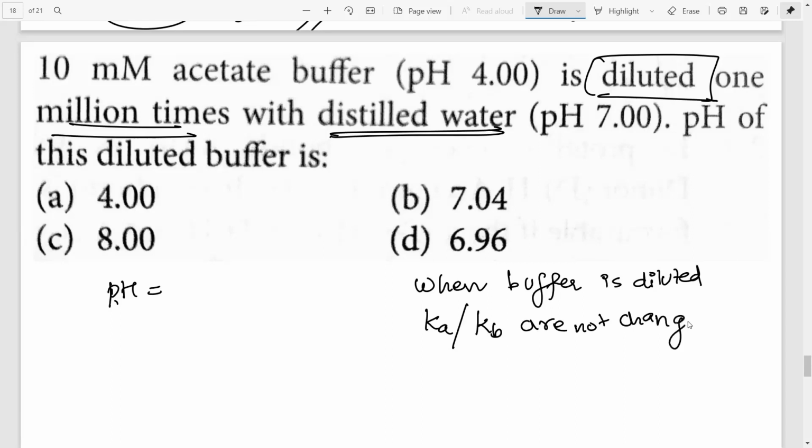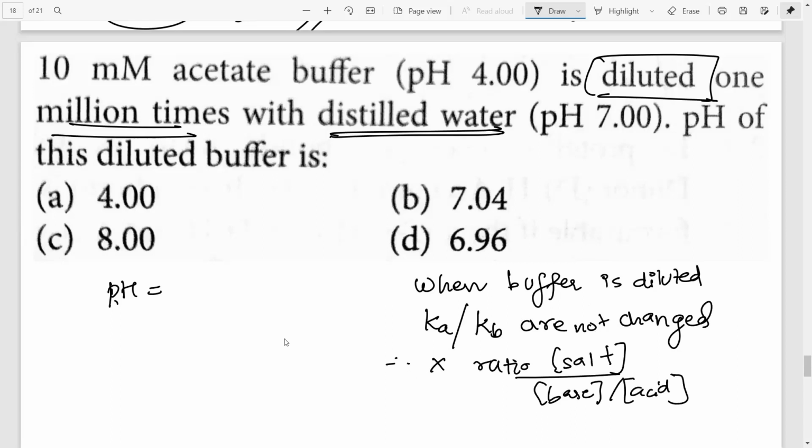So dilution doesn't affect these, and it also does not affect the ratio of salt to acid or salt to base. So if it doesn't affect any of this, then definitely pH doesn't change when you dilute a buffer.